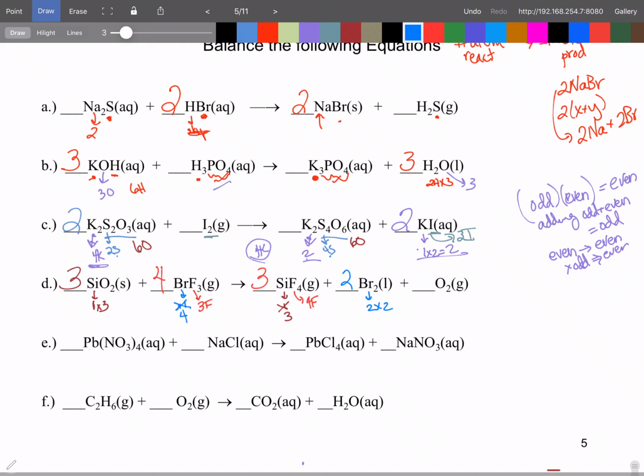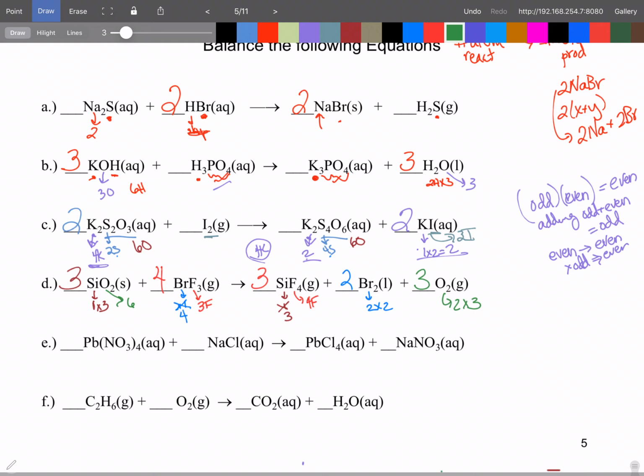All right, now that leaves us with just the oxygen to balance. So now I have 2 times 3, which is 6 oxygens here. And I have 2 oxygens here, so I'm going to need to multiply this one by 3. Okay. Now, one other double check. Remember the rules?